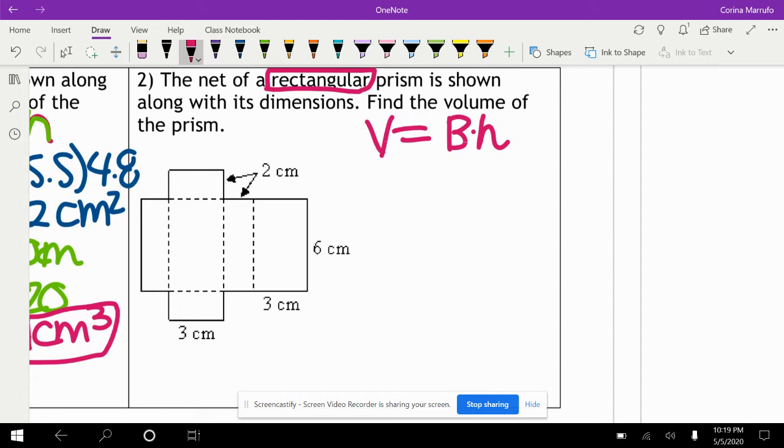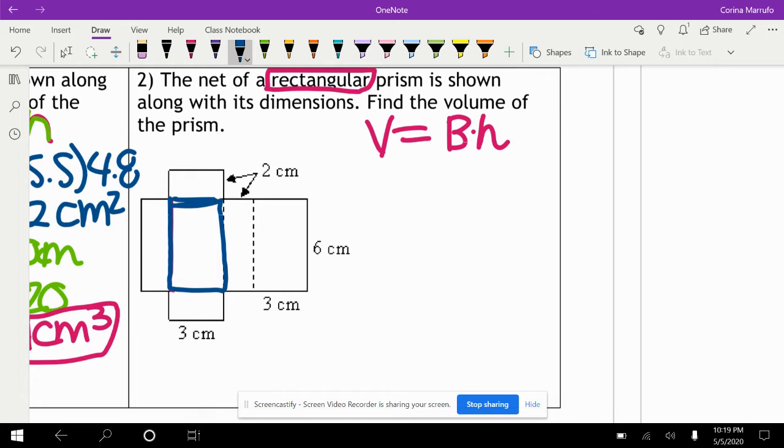Luckily on this one, you get to pick which one is a base. You can pick whichever rectangle you want, because there are 2 of each. So I'm going to pick this one as my base. Let me do it in blue. So say I picked that one as my base.